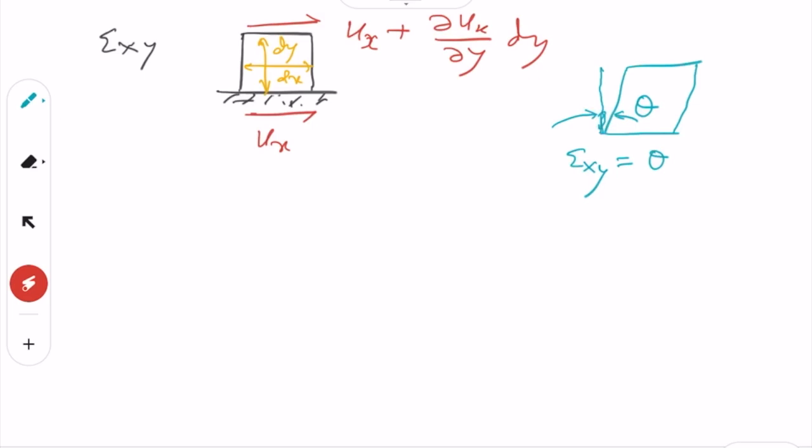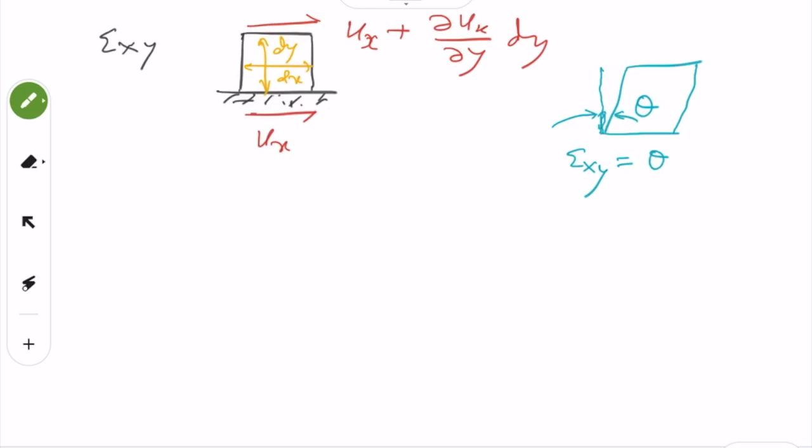However, remember that displacement is not just in one direction, displacements are also given this way. So meaning that we have u and del u y is also there. So let us apply the displacement from both directions. Then what we will have?